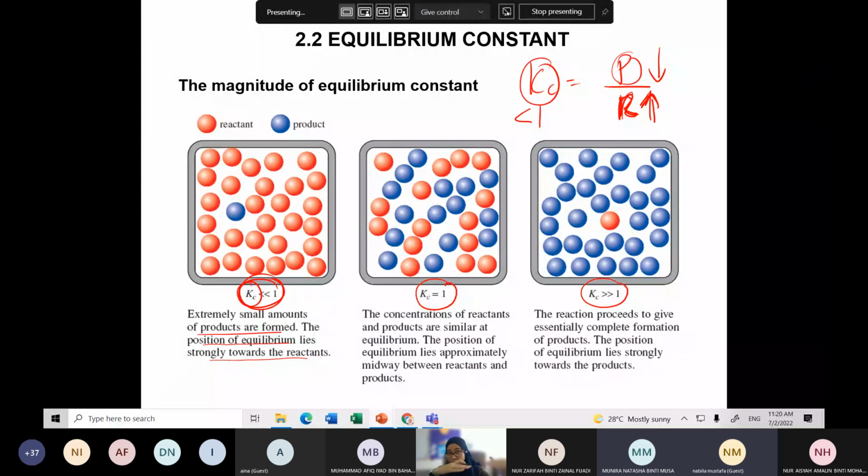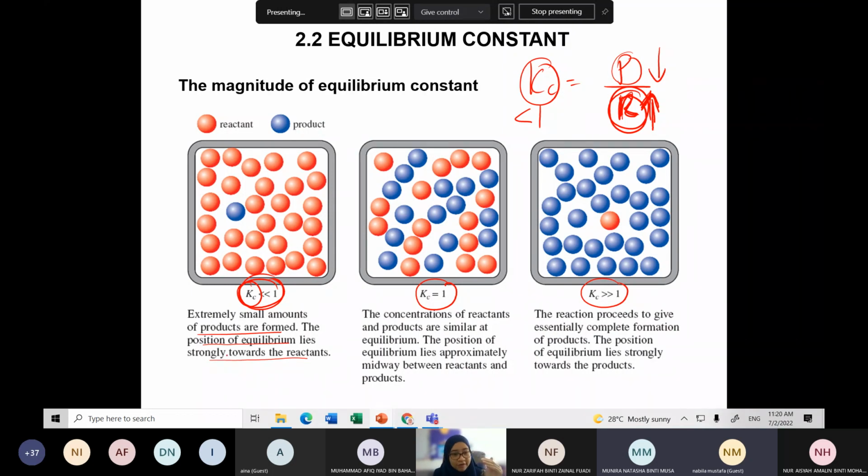Remember yang arrow forward dengan reverse tu kan? Okay, so dia produce product, but the equilibrium position dia favors to the left, which is producing more reactant. That's why the concentration of reactant become higher. Okay, faham? Itu dia punya translation dia tu.